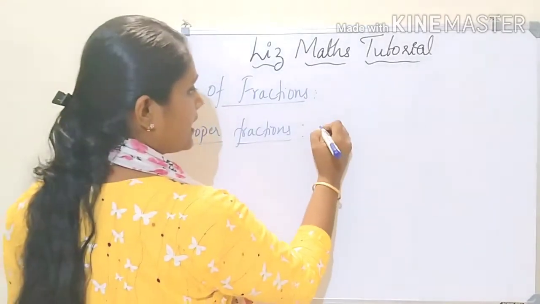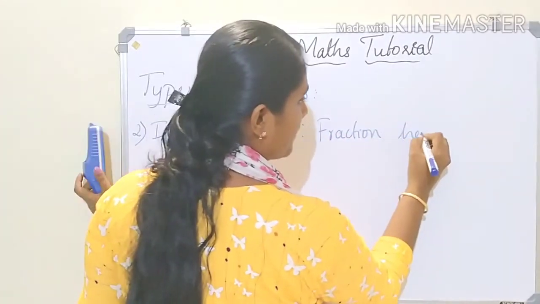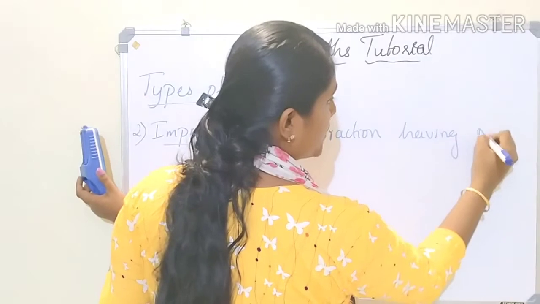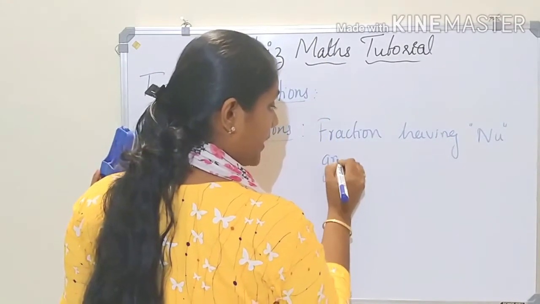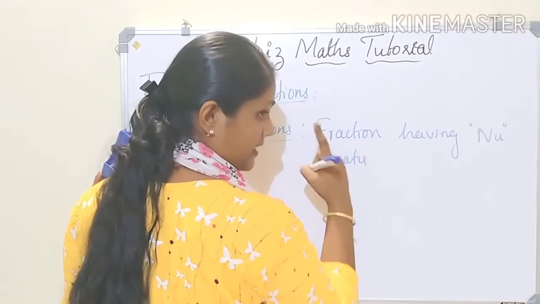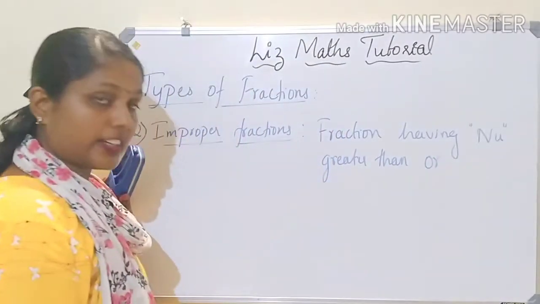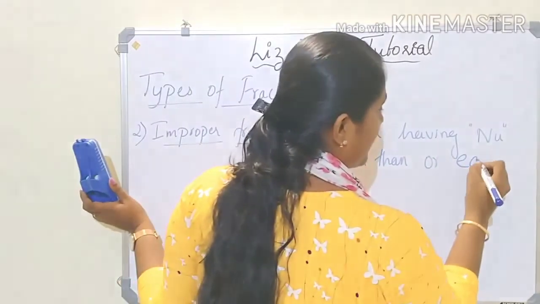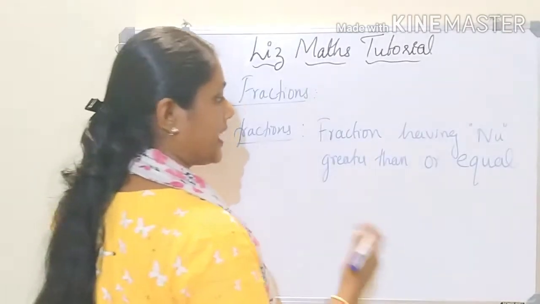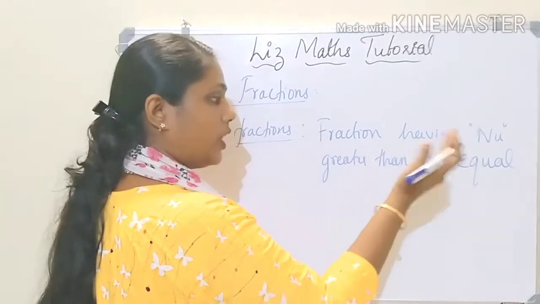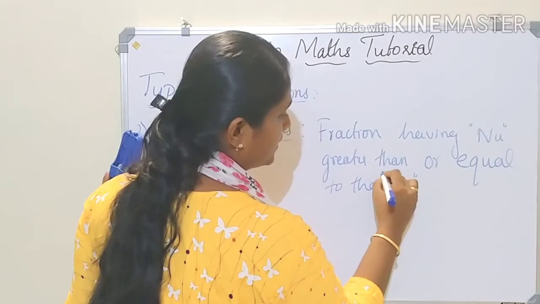So we can write a fraction having the numerator greater than, or there is one more condition to that, or we can write equal, that is, it can be equal also, greater than or equal to the denominator.